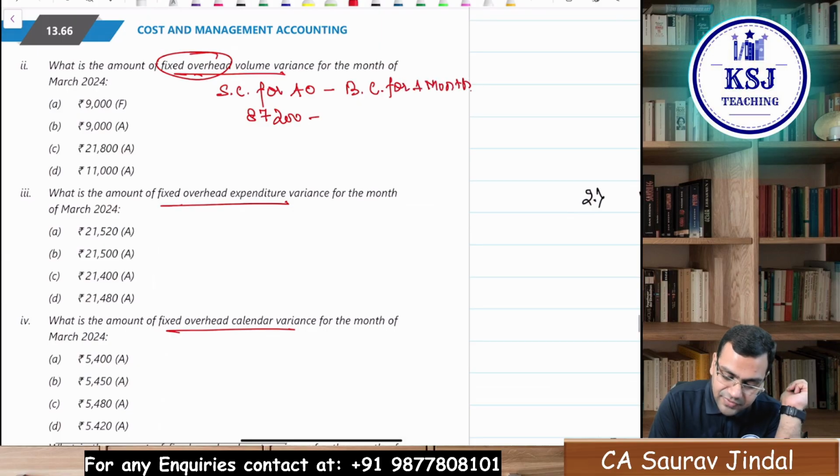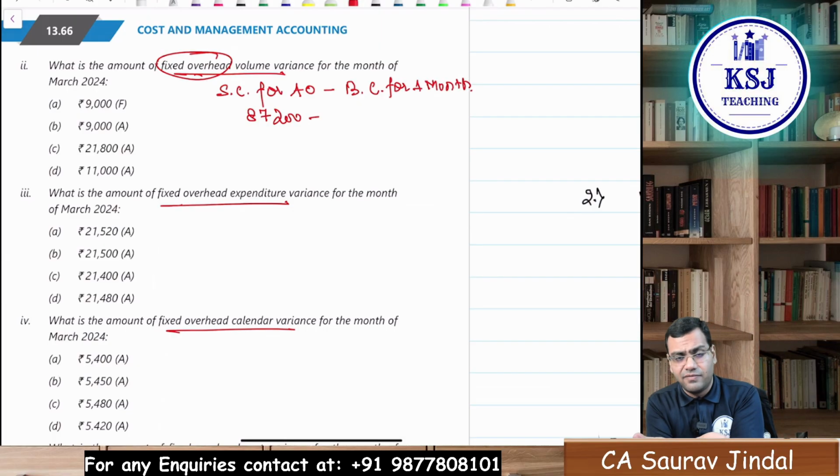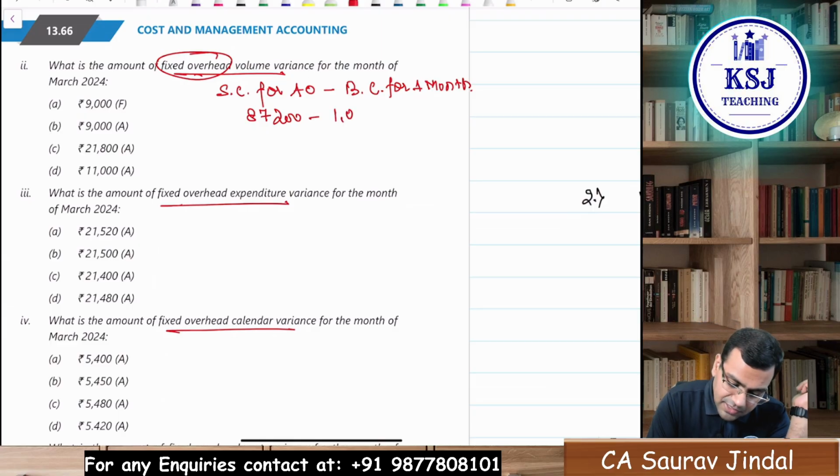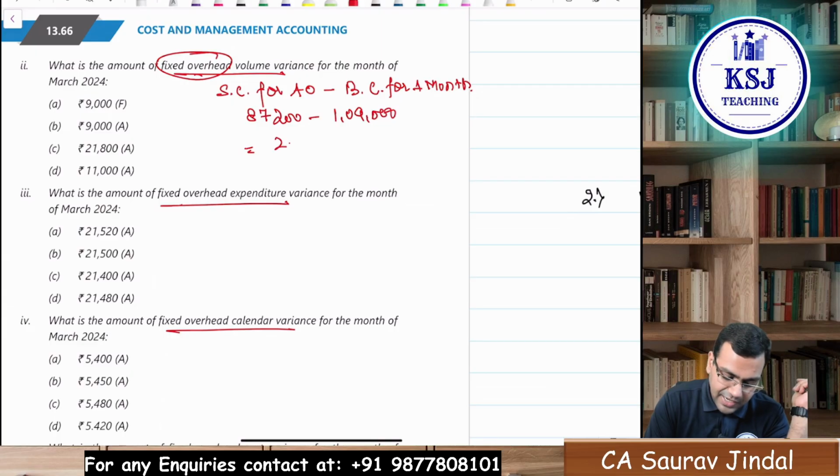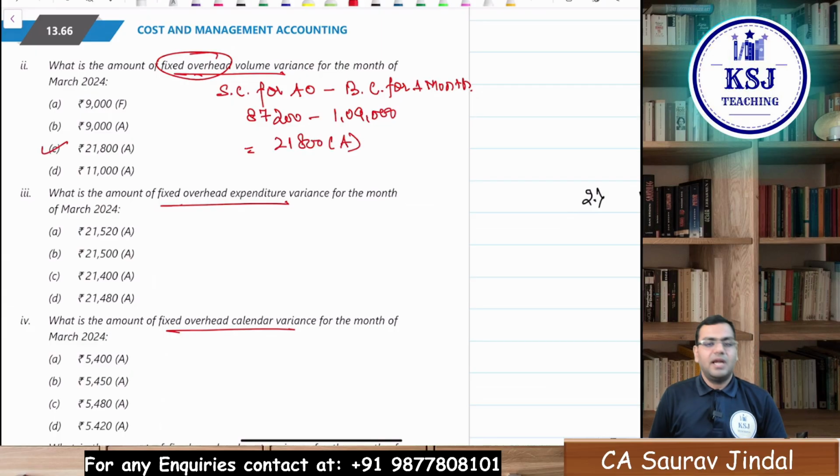Because the standards we are taking for one month, the budgeted also we will take for one month for comparison. So 87,200 minus 1,09,000 comes to 21,800 adverse. That is option C.